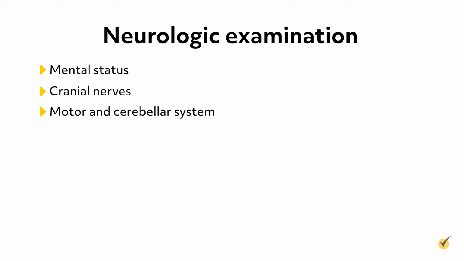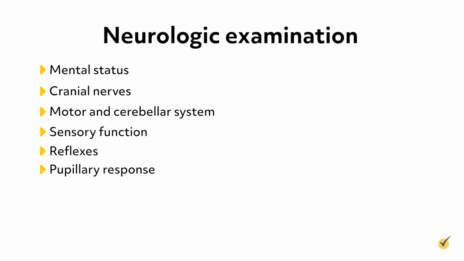A thorough neurologic examination involves assessing mental status, cranial nerves, motor and cerebellar system, sensory function, reflexes, pupillary response, and vital signs. Unless you're working on a neuro unit, you typically won't need to perform all of these assessments. This review will focus on mental status, pupillary response, motor function, and reflexes.